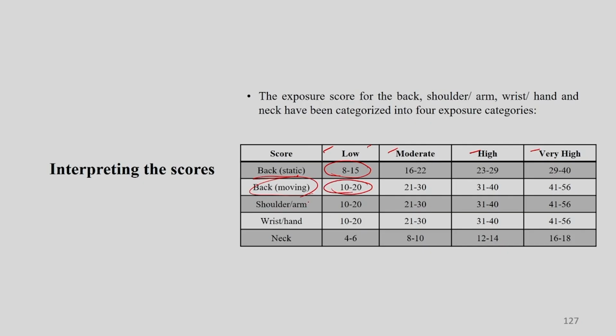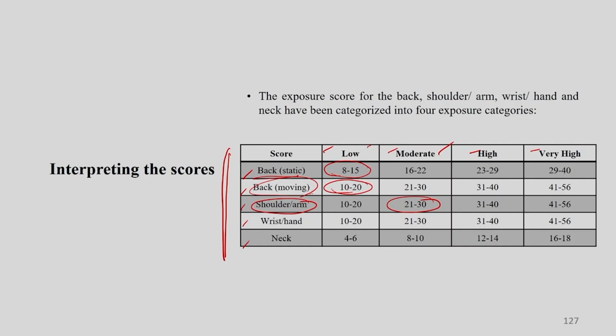If we are talking about the shoulder and the value is here, then maybe the risk is moderate. So depending on the body region, the scores are different, and from this particular reference value you can see what the level of exposure is for back movement, shoulder, wrist and neck. Fine. So you can get an idea where they are standing.